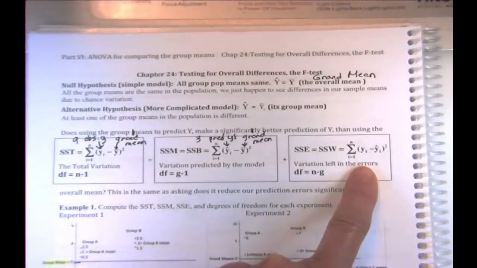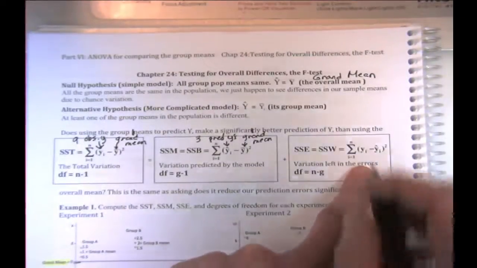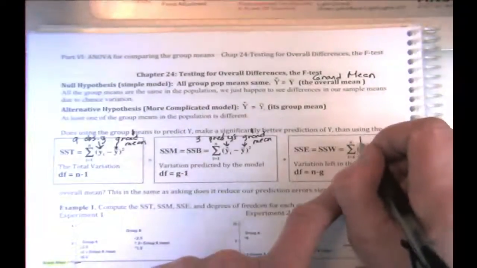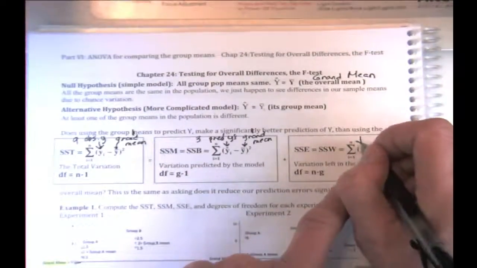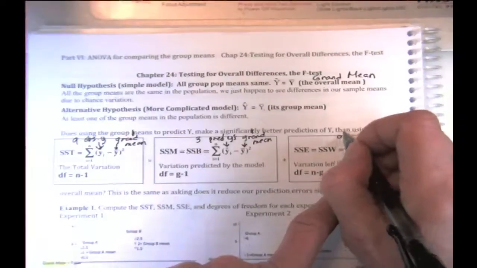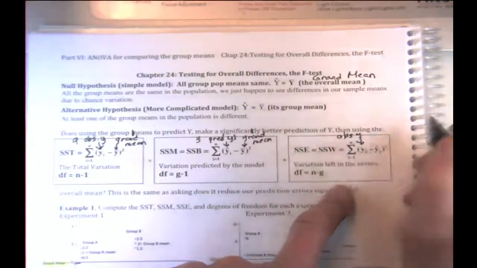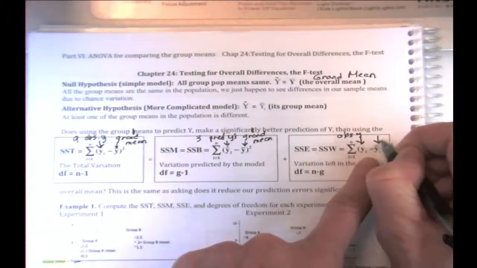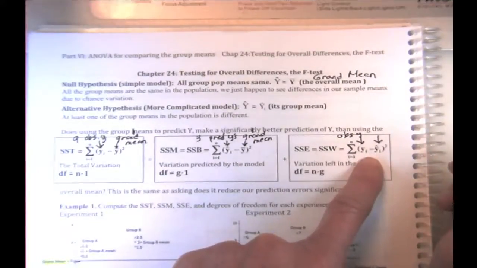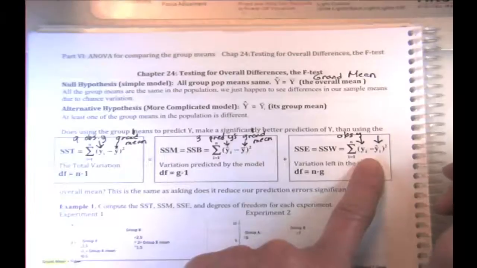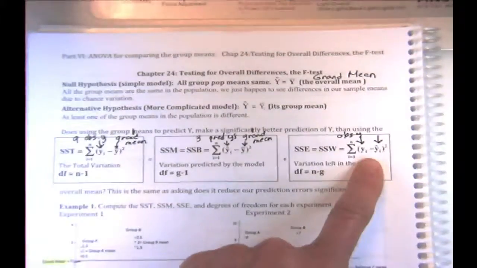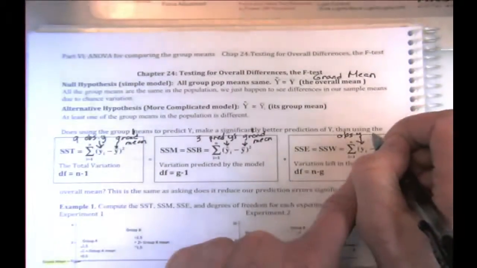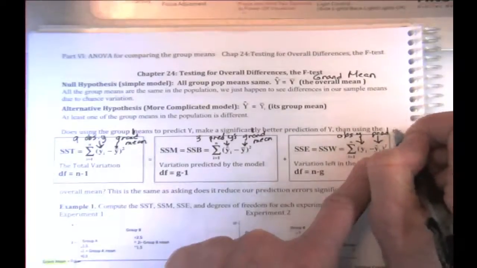And this one is the 9 observed y's. Each observed y, how far it is away from its predicted y, not the 9 predicted y's, the 3 predicted y's. Okay, so that's what we're going to do.